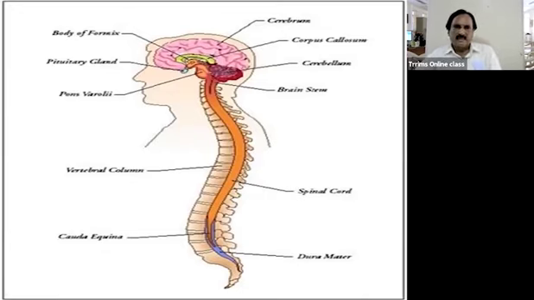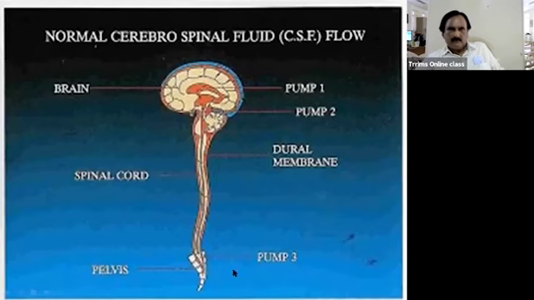Here you must remember the spinal cord terminates at the level of L1, and below that you find only the dura mater and arachnoid mater, devoid of nervous tissue or the spinal cord. So the brain, spinal cord, the dural membrane, and here they are depicting the sacrum.